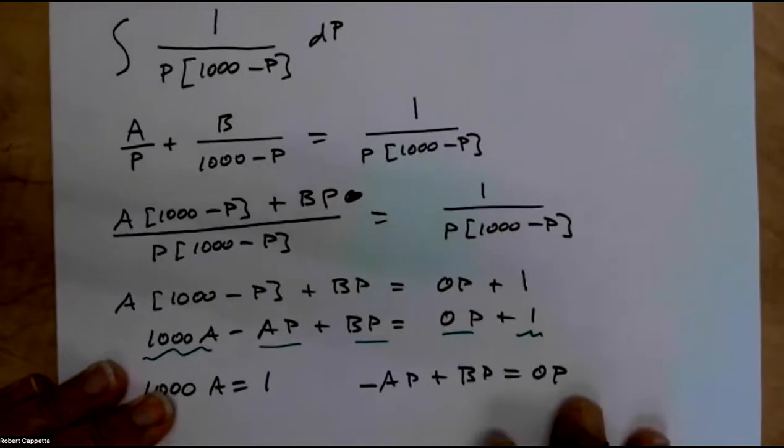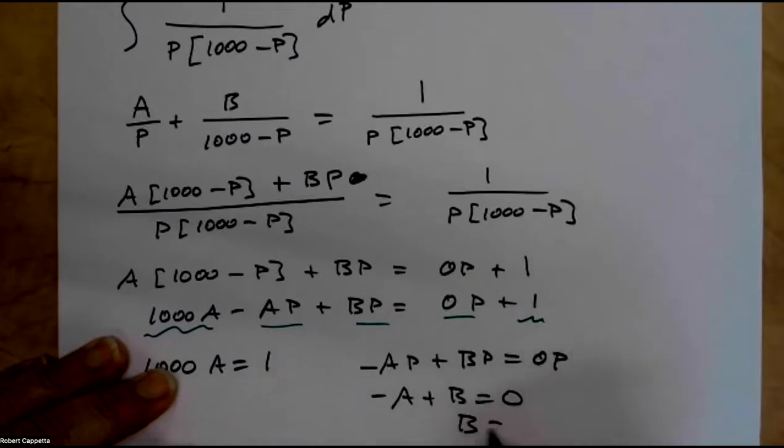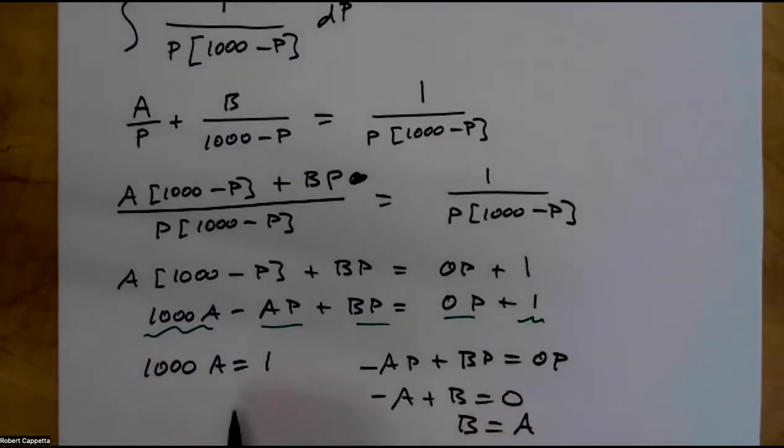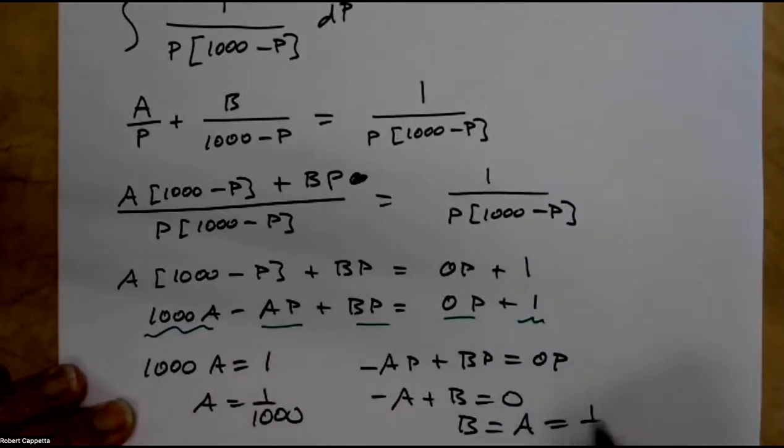Well, let's divide by P. I'm not concerned with P's right now. So negative A plus B equals 0, which means B equals A. Okay, well, I have A. If 1,000A is 1, A is 1 over 1,000. And if B equals A, B is also 1 over 1,000.